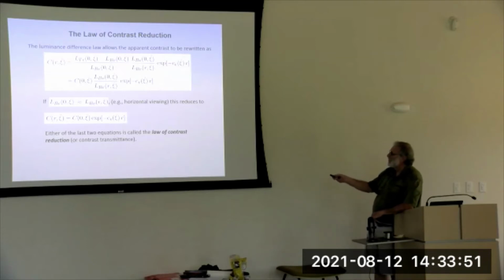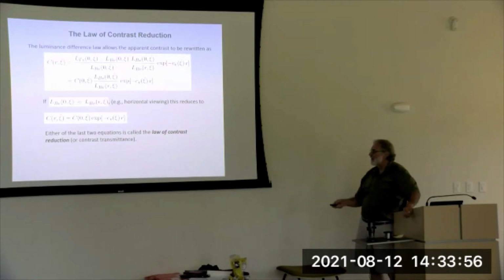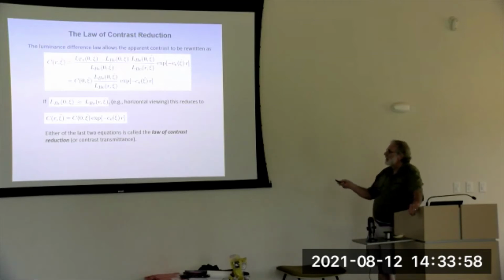And either this equation or this equation is called the law of contrast reduction. So it's telling you that the contrast is decreasing with distance r, just as this little exponential times photopic c times the distance. So nice, simple little relation there.